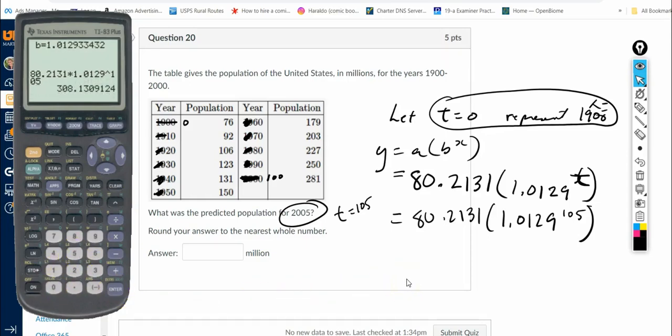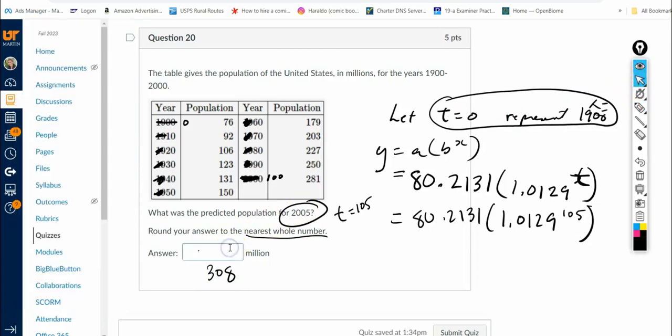Okay, and if I round that to the nearest whole number, then the answer is going to be 308 million. Okay, and so that completes this test.